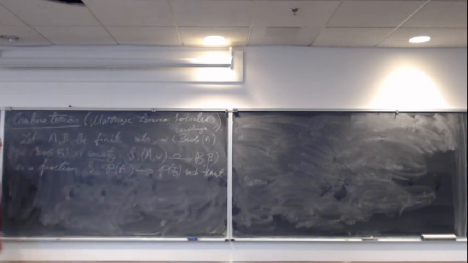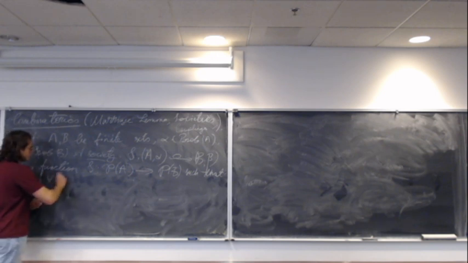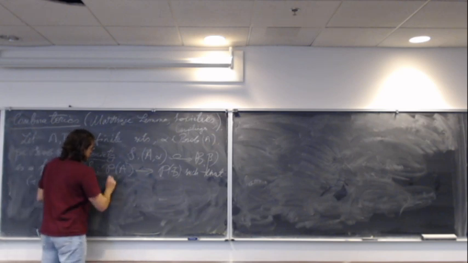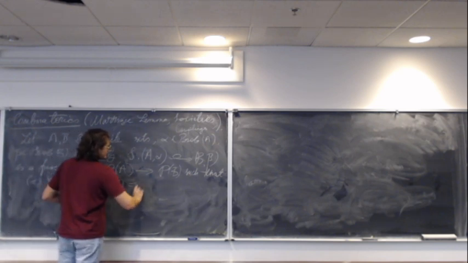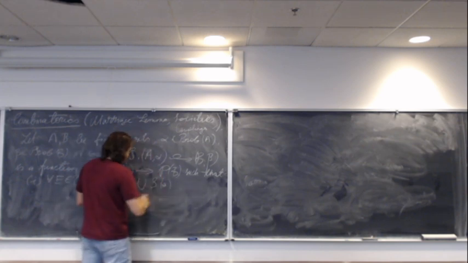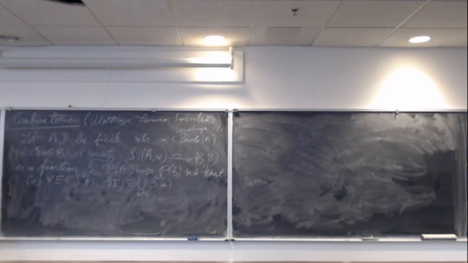a couple of things need to happen. First of all, I need to have a splitting property: for all E a subset of A, S of E should be the same thing as the union of S of a, where a varies over E. Second of all, I need to have some sort of very strong absolute continuity property.